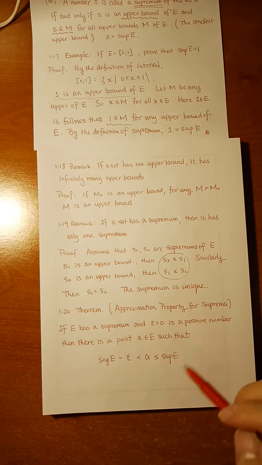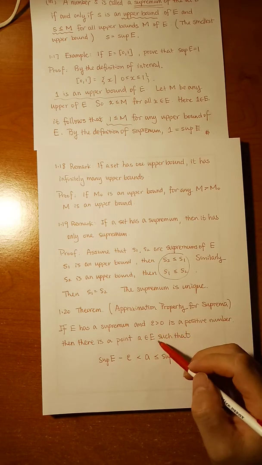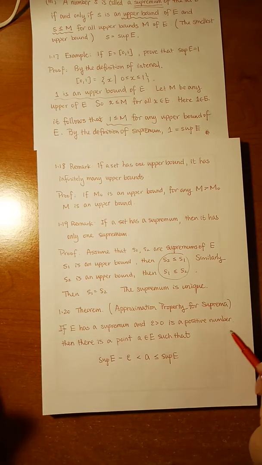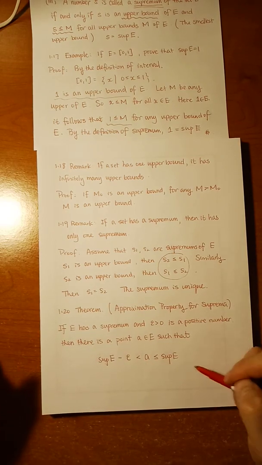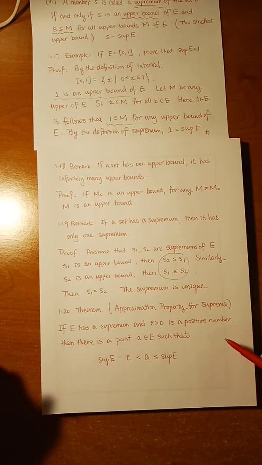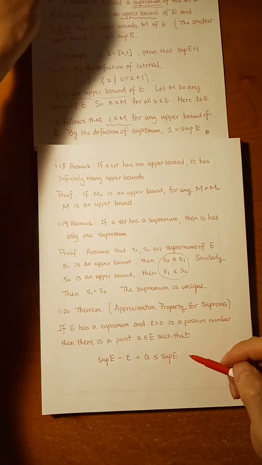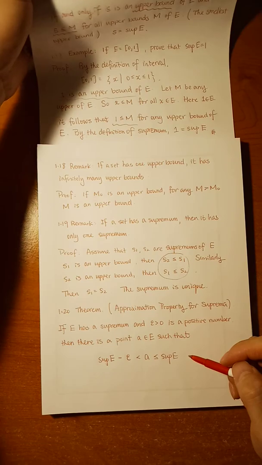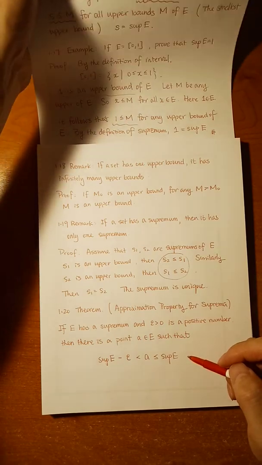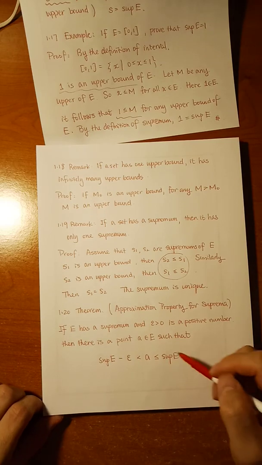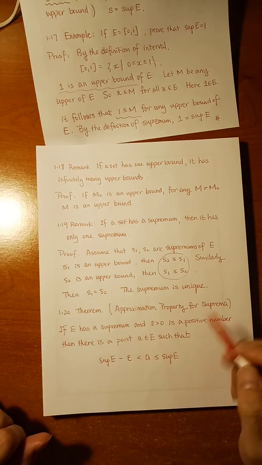How close? You can decide. You choose this epsilon as a small gap, then we can find a point close enough to the supremum. Okay, so that's the so-called approximation. Actually, this is also an equivalent result. If you can find some number with this property, then this number is definitely a supremum.